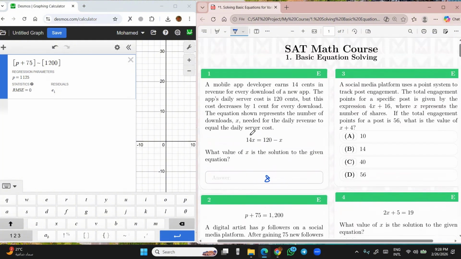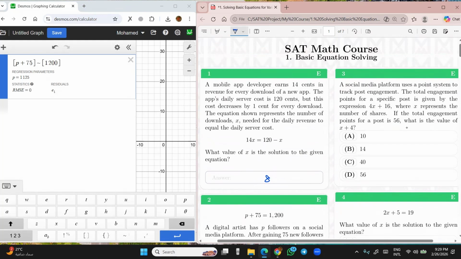Question number 3. A social media platform uses a point system to track post engagement. The total engagement points for a specific post is given by the expression 4X plus 16, where X represents the number of shares. If the total engagement points for the post is 56, what is the value of X plus 4? Here, the 56 should be the total.